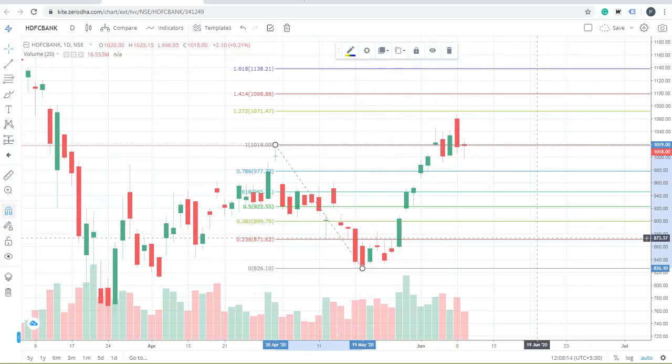They will act as support and resistance. So for us, Fibonacci is nothing but support and resistance lines. It will provide support to the market and it will create resistance for the market. When you want to find out the upward levels, you draw Fibo from swing high to swing low.